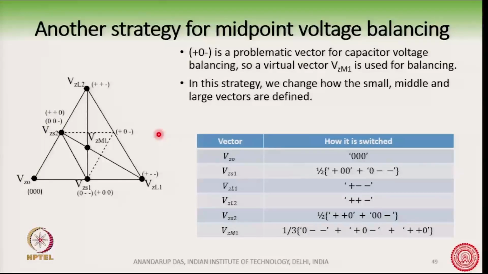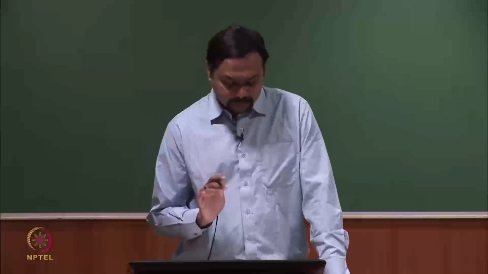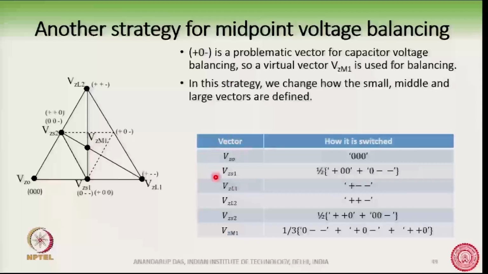So, that means this vector we will not use in the conventional way; we will redefine how the vectors are. So, how do we redefine the new vectors in this sector? This redefinition of vector is given like this. Let us see what these vectors are.